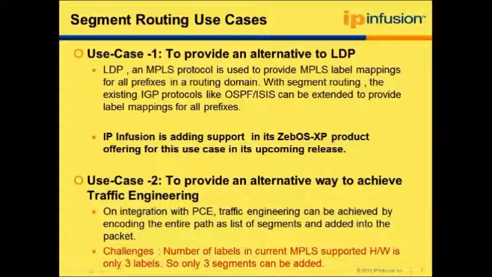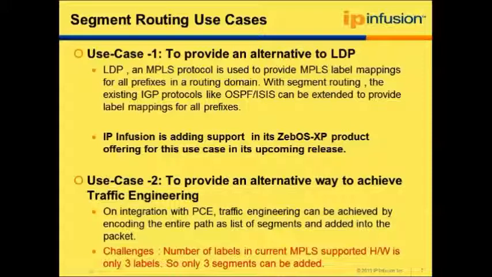These label mappings can be achieved by the existing IGP protocols already running in the network, like OSPF and ISIS. So this is a very important use case in which the load on the network can be reduced, and it can be made much simpler than its current state. IP Infusion is adding support for this use case currently, and it will be available shortly in its ZebOS XP product offering.